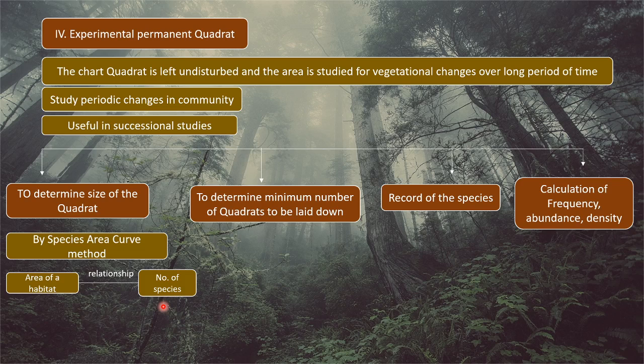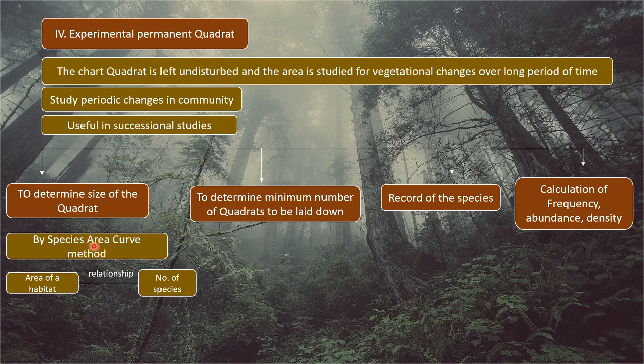For example, if I am going to study a desert habitat, what is its total area, right? We have to see that. And then what are the number of species present there, that also we have to calculate. When we have these 2 things, then we can decide on the size of the quadrat.